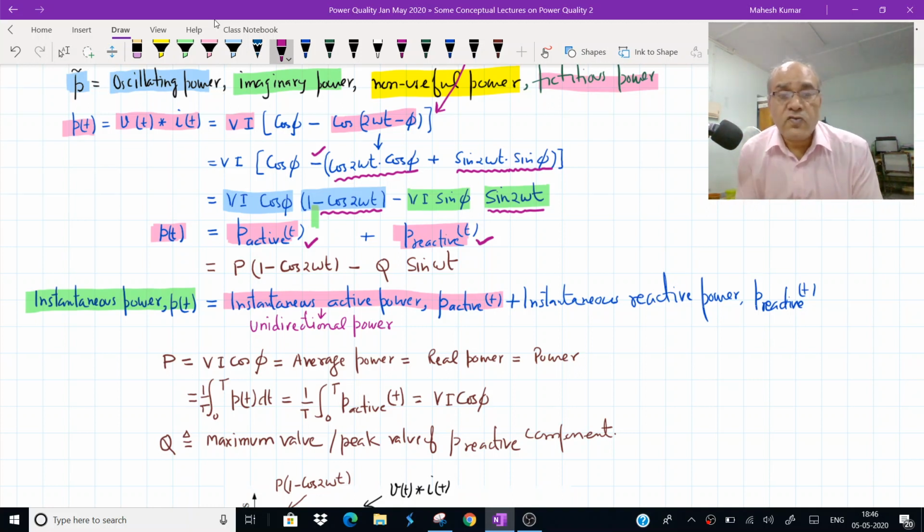For that we have to understand the nature of these components and why they have come here. In the following discussion we will make this clear, why they are denoted as active and reactive components.